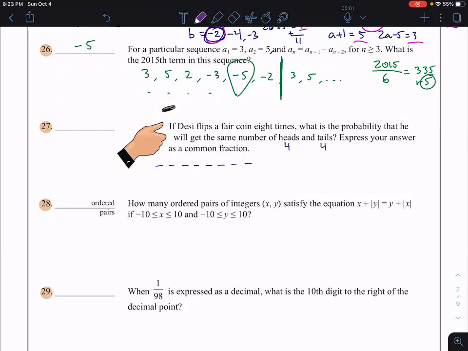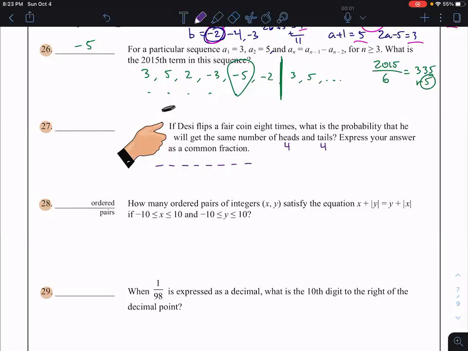So we want to find how many ways he can flip 4 heads, and basically how many arrangements he can do to flip 4 heads.